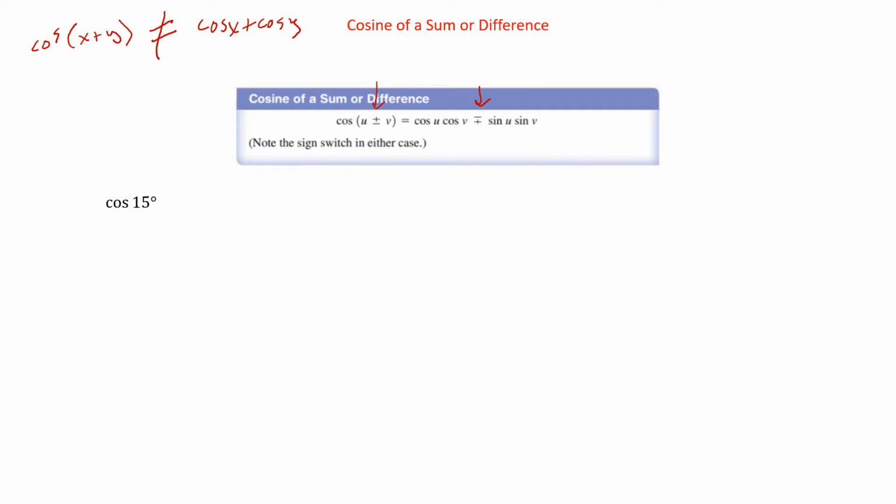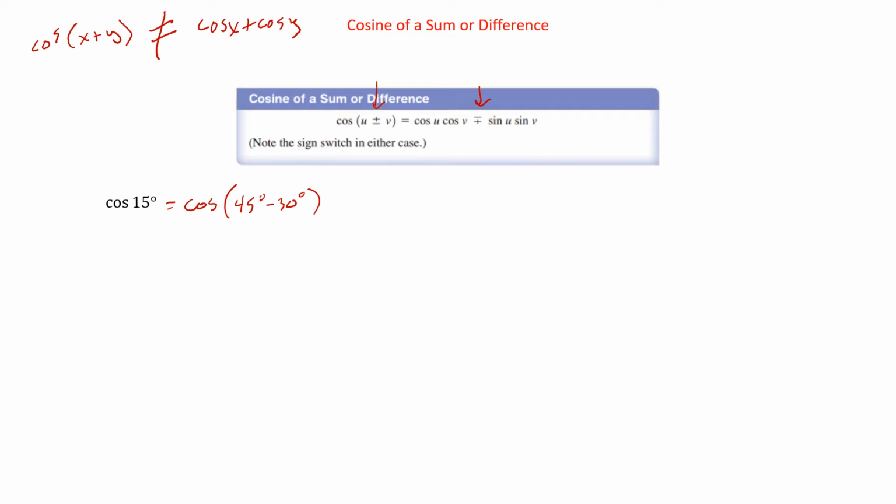If we add 45s together, we're going to get 45s and 90s and 180s. And so the only way to get something new is to use a 45 and a 30 or a 60. So for instance, 15 degrees could be written as cosine of 45 degrees minus 30 degrees. When we're looking at radians, they're going to be the pi over 12s.